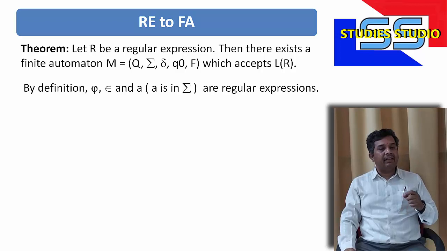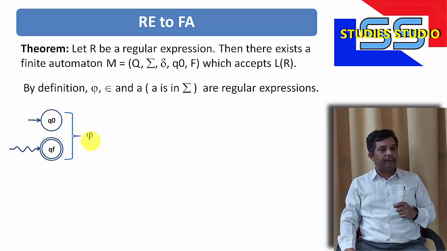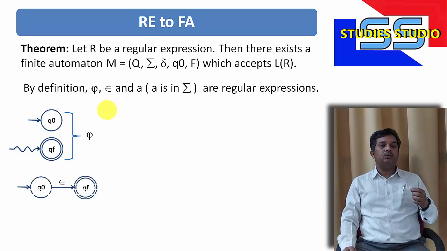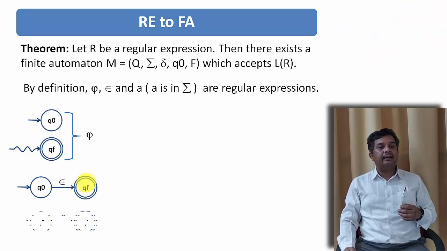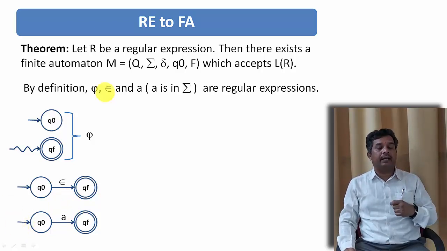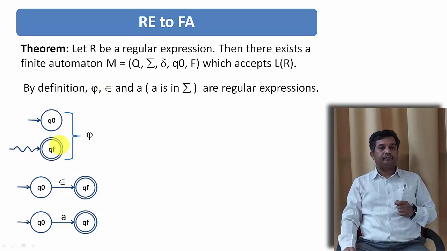When we are having the starting symbol alone or the final symbol alone, then we can represent it with the help of phi. Then epsilon is represented as a transition from one state to the other state. And when a symbol, let us say A is taken, then I can take this from one state to other state with input symbol A. So these three default regular expressions can be represented in this way.